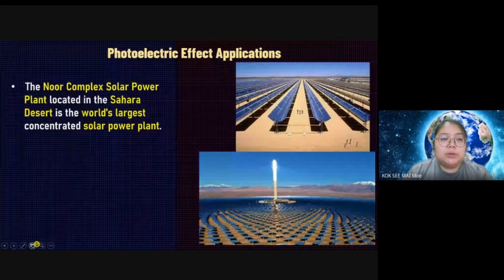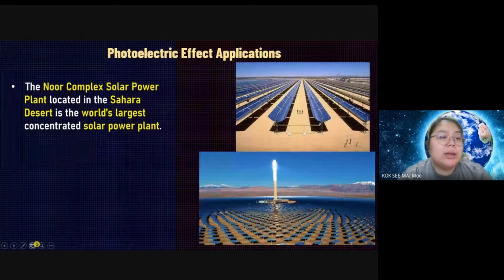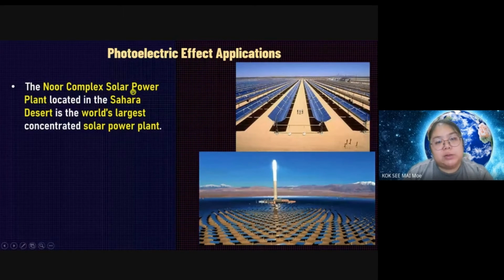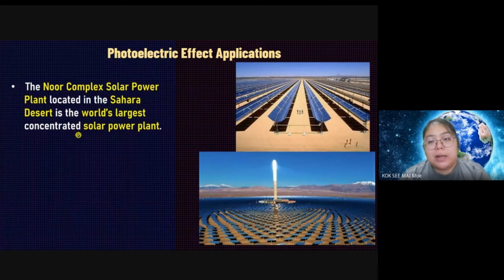Number two, they show one of the biggest solar power plants. Where is it located? There is a Noor Complex solar power plant located in the Sahara Desert. It is the world's largest concentrated solar power plant. You can see the whole location is a solar system.